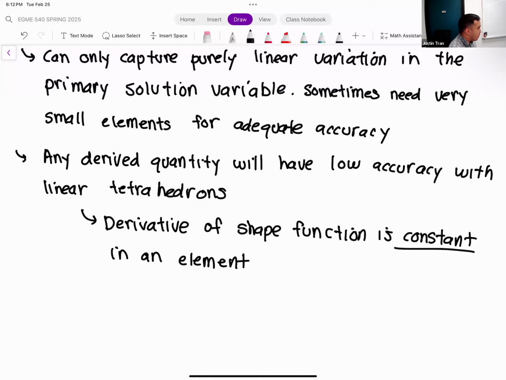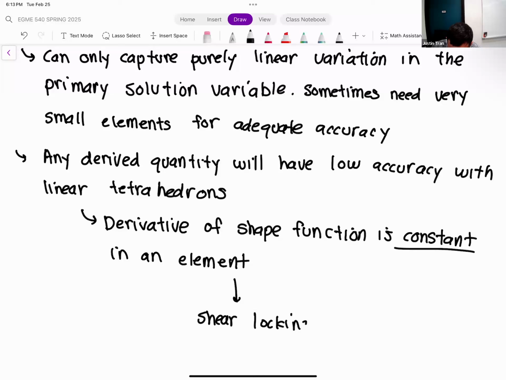That means for any derived quantity like stress or strain, if you want to get any variation, it's going to be element to element. Within each element, the stress is going to be constant. And if your element isn't small enough, then you end up with not a very good situation. If you remember, this fact is what leads to a phenomenon known as shear locking.